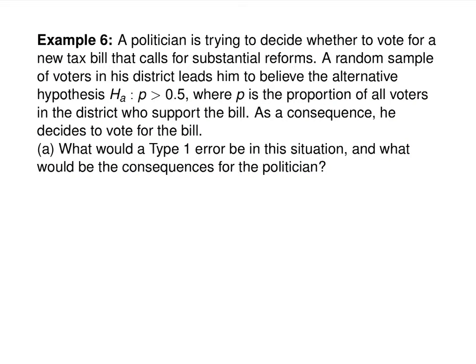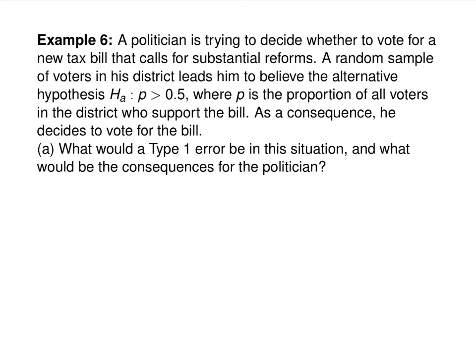We have some politician, I don't think they make decisions this way, but we'll pretend, who is trying to decide whether to vote for a new tax bill that calls for substantial reforms. A random sample of voters in his district leads him to believe that HA, the proportion who support the bill, is bigger than 0.5. And as a consequence, this person decides to vote for this bill. So what would a type 1 error be in this situation? What would the consequences be?